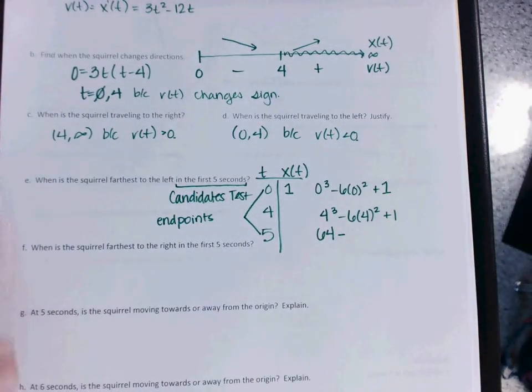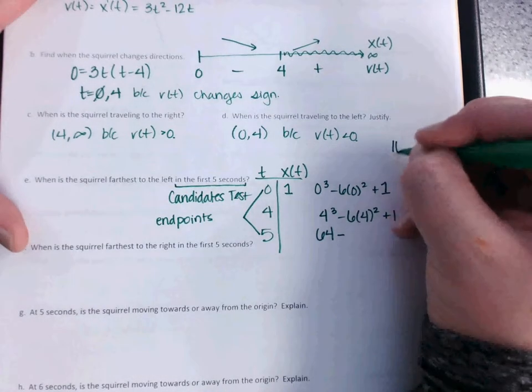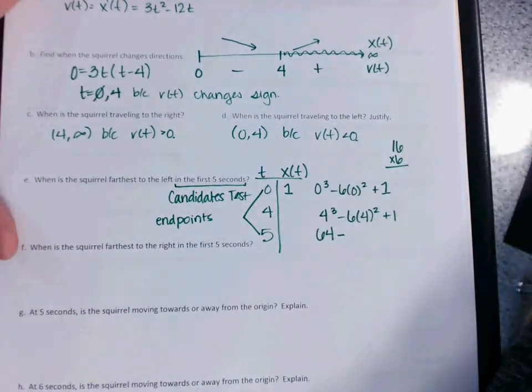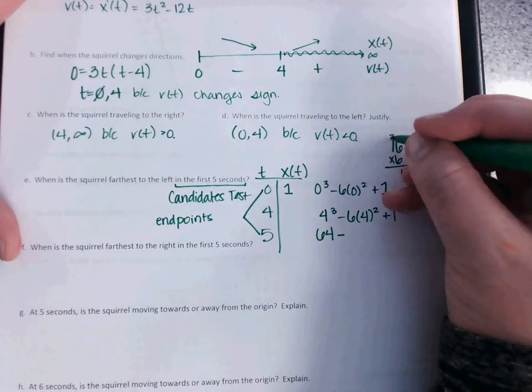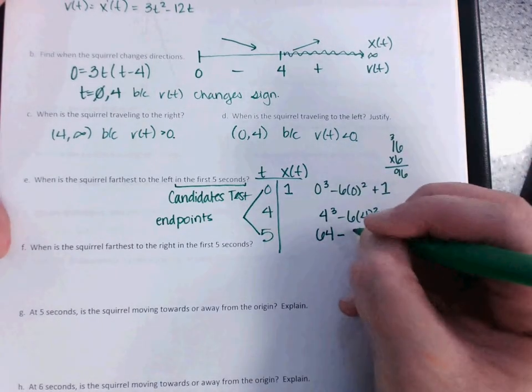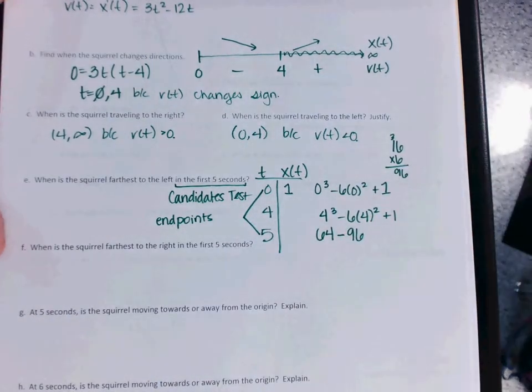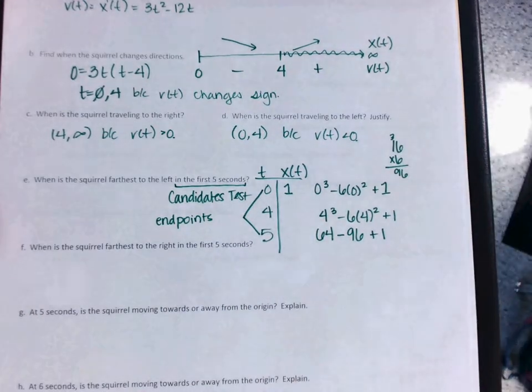Minus, that'd be 16 times 6. Okay, I can't do math in my head, so don't hate. Okay, minus 96, then plus 1. And then from there, what's 64 minus 96?